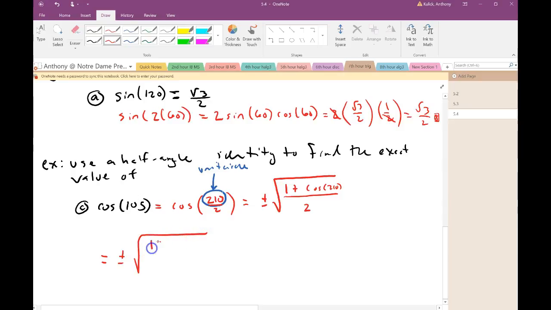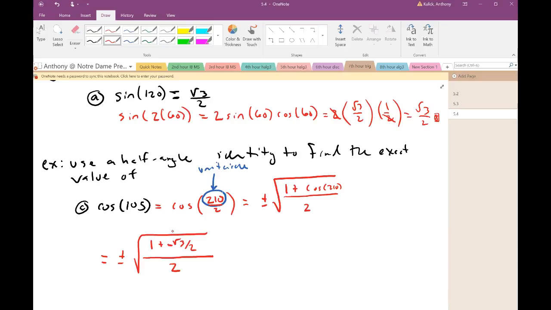Good. So I'm going to go to my unit circle. I'm going to plug in the value for cosine of 210, which was negative. I forgot to write that. So far, everybody's happy, I hope.